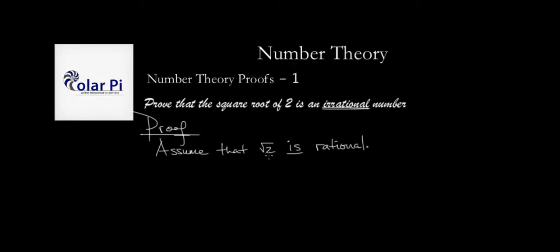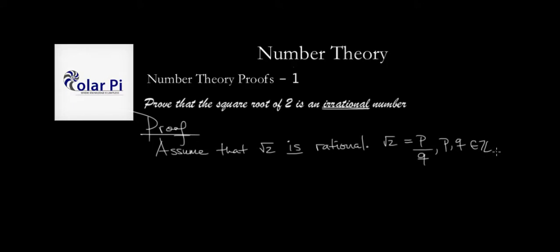Okay, now, if the square root of 2 is rational, then it must mean that we can write the square root of 2 as p divided by q for two integers p and q. So p and q are members of the integers. That's all that last pair of symbols here means: inside of the integers, the set of integers.